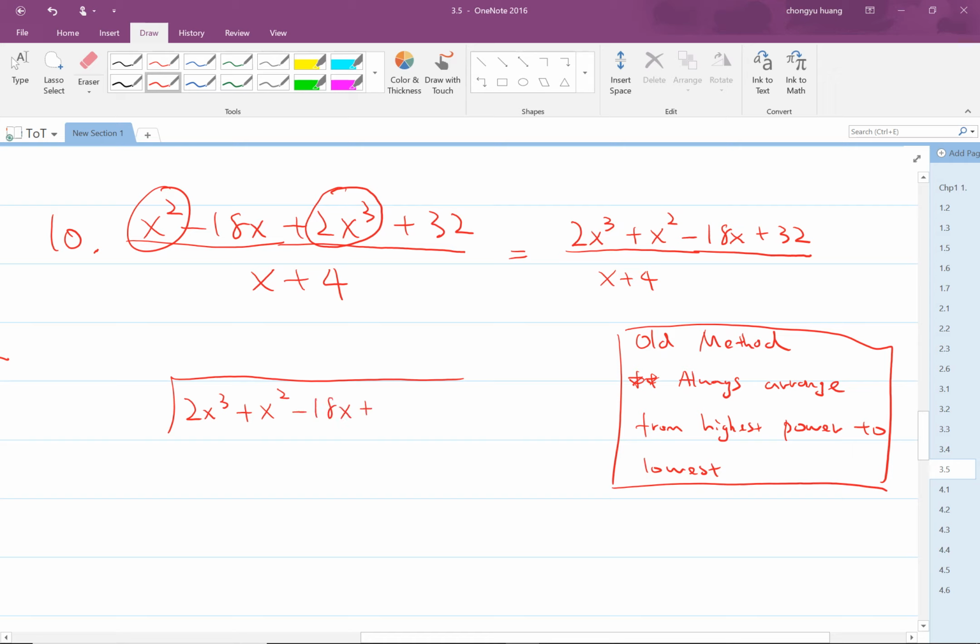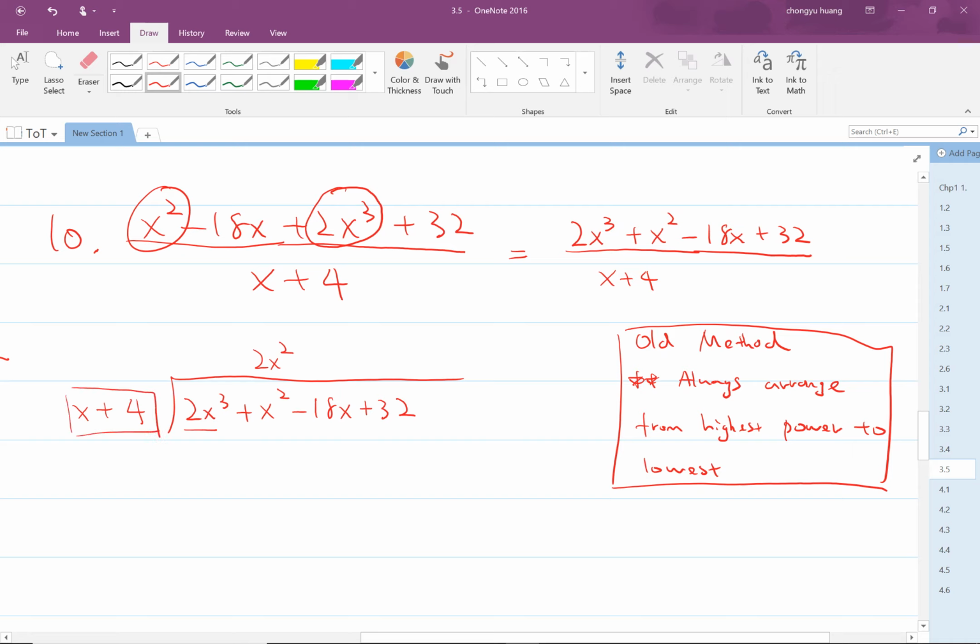Okay, so you write it down, and then we divide by x plus 4, and the first term we want to cancel is 2x to the power 3, right? So we multiply by 2x squared, right? That's basically the term we want to multiply.